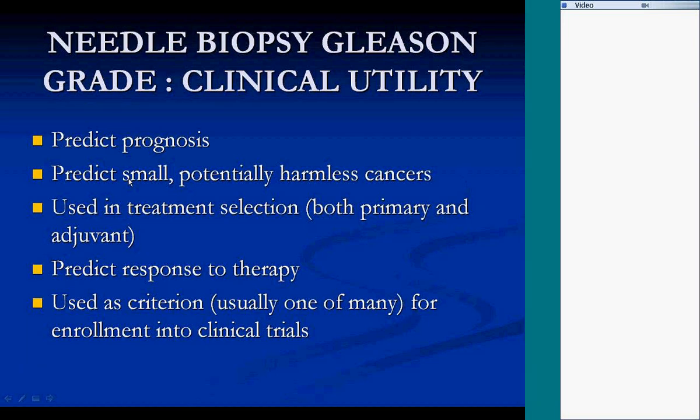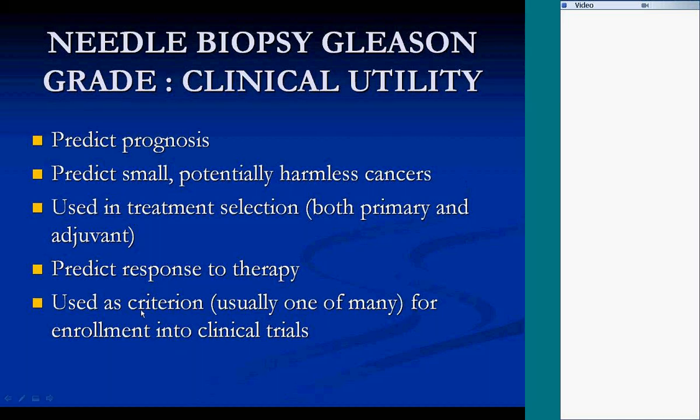It can be utilized, as we shall see, with serum PSA and the amount of cancer in the needle core tissue to predict small, potentially harmless prostate cancers, and is used in nomograms and in tables to try to select patients for specific therapies. And that includes both initial primary therapy as well as adjuvant therapies.